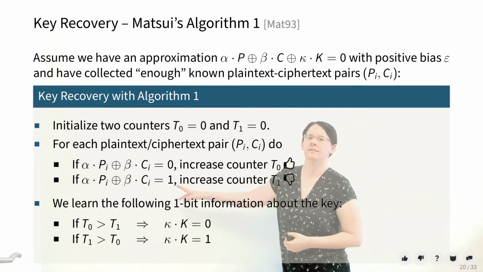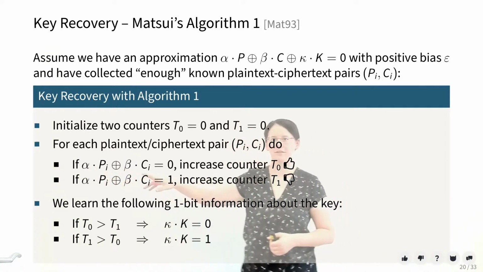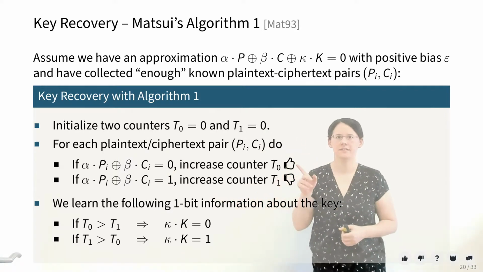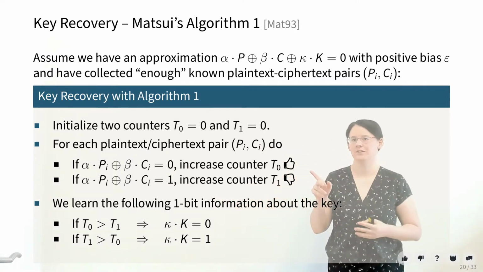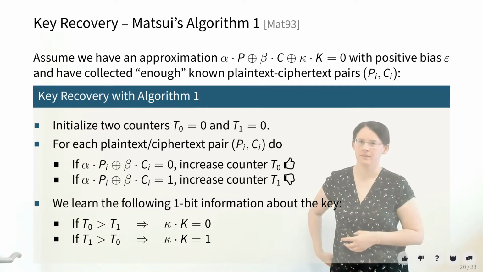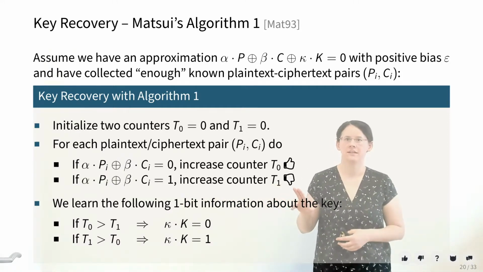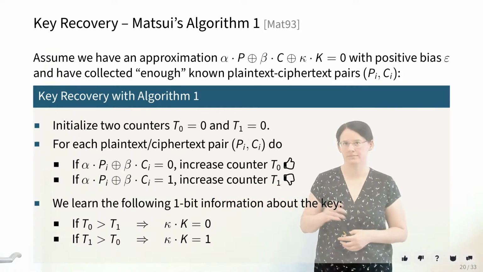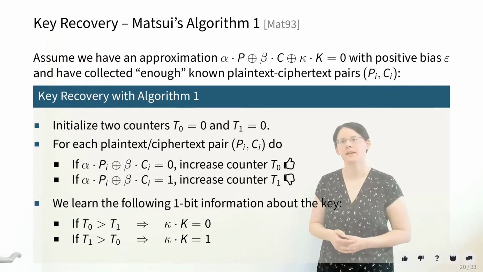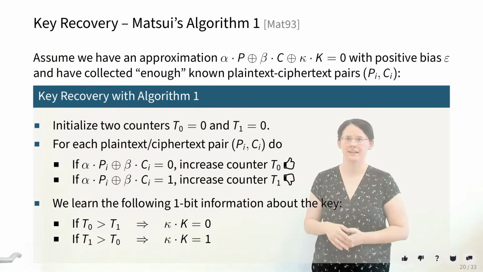If the value of plaintext mask times plaintext plus ciphertext mask times ciphertext is 0, then the equation is correct, so I count up the counter T0, and if it results in 1, I count up the counter T1, which counts the incorrect cases, so to say. Now, what do we learn from this if we look at it at the end?